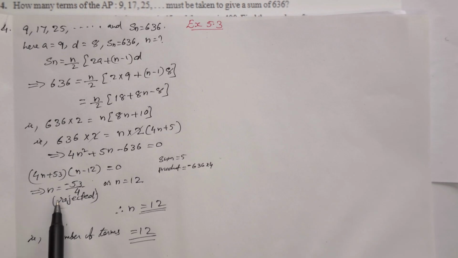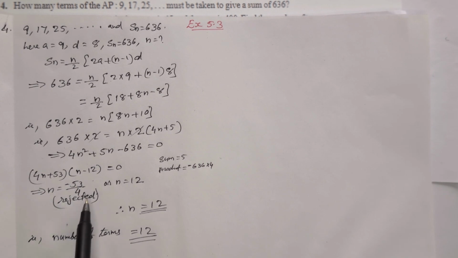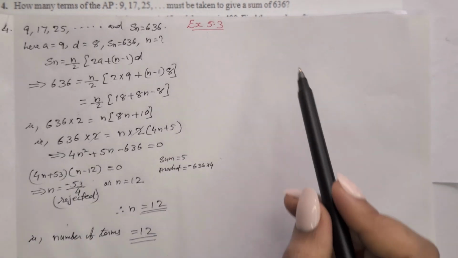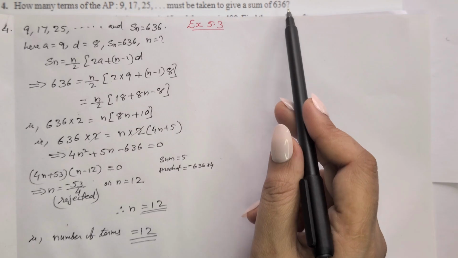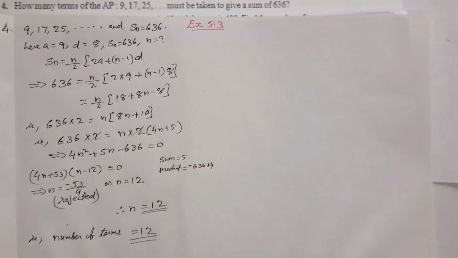After that we are getting n is equal to minus 53 by 4. It's a negative number. The number of terms cannot be negative, so that is rejected. The other value is n is equal to 12. So the number of terms in the given AP to get the sum as 636 is equal to 12.